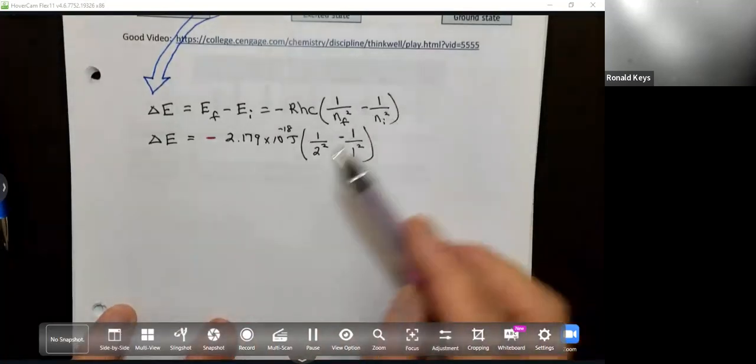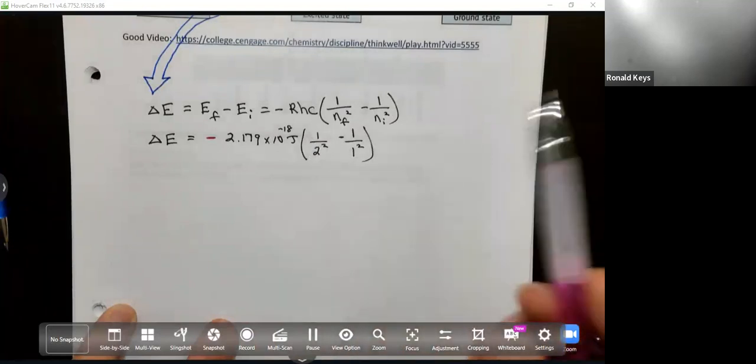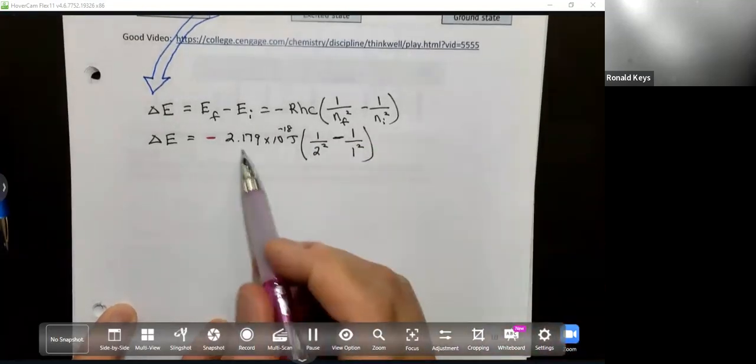What I would do is I would just do this first in my calculator, and then multiply it by that.